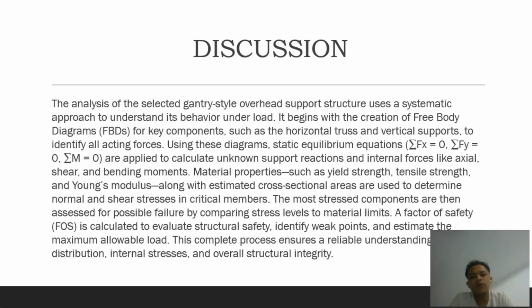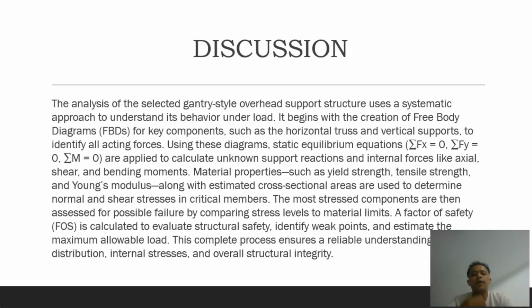Assalamualaikum. My name is Abdul Halim. The discussion of the assignment is the analysis of the selected gantry-style overhead support structure. It uses a systematic approach to understand its behavior under load. It begins with the creation of free body diagrams for key components, such as the horizontal thrust and vertical support, to identify the acting forces.